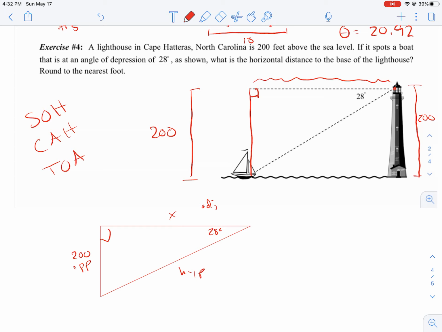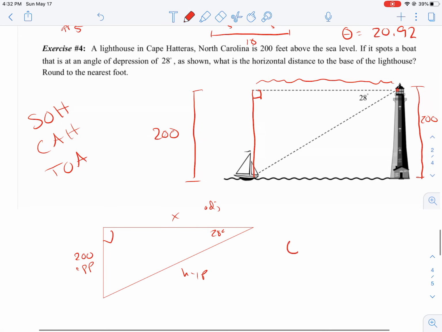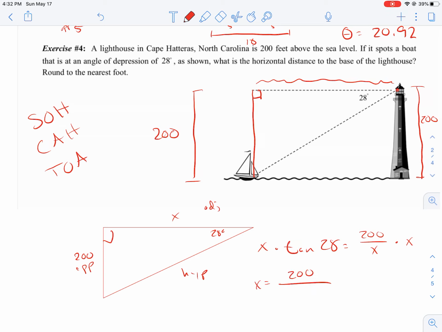SOHCAHTOA, right, which trigonometric ratio involves opposite and adjacent? Well, that's tan. So tan 28 is equal to 200 divided by x. Multiply both sides by x. You get x is equal to 200 divided by the tan of 28.